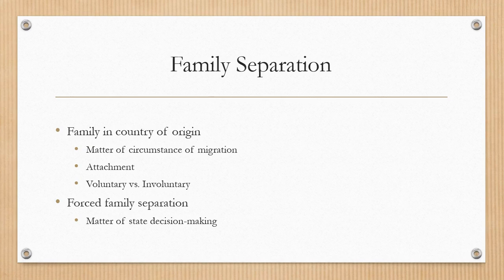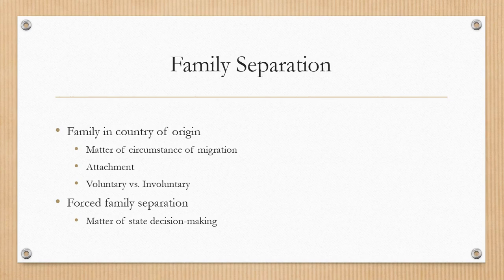So first I want to talk about two different concepts of family separation in immigration involvement. Immigration or migration, leaving one's country of origin for another country, inherently involves family separation, how it has always looked throughout history.